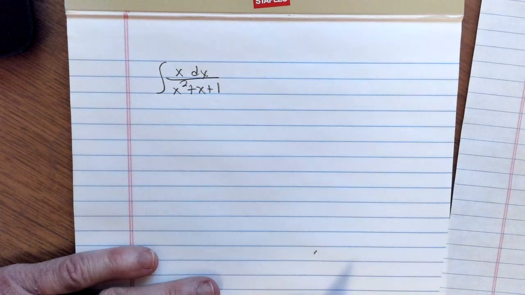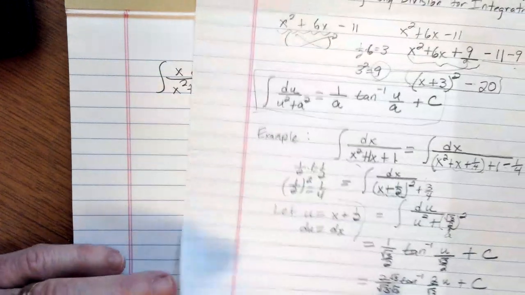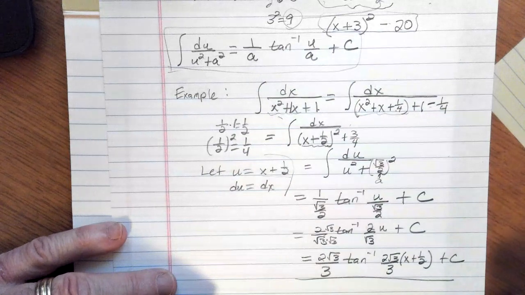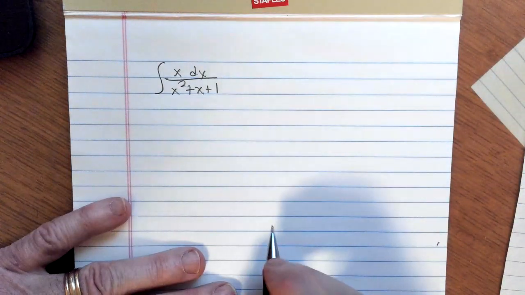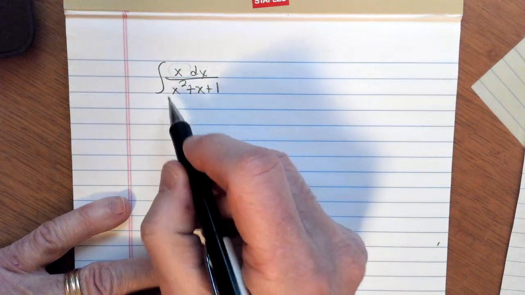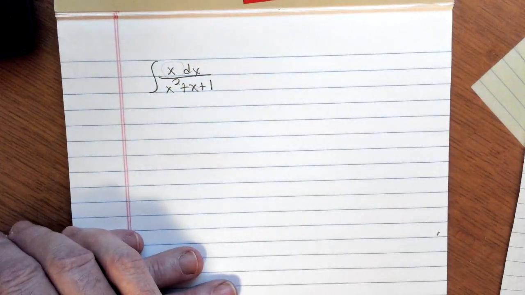Okay. Because there's an x up here, it's a little different than the previous problem. Basically, it's the same problem as I did here, except there's an x up here now. In that case, sometimes you can do a little trick where you want to make this numerator be the derivative of this part down here.